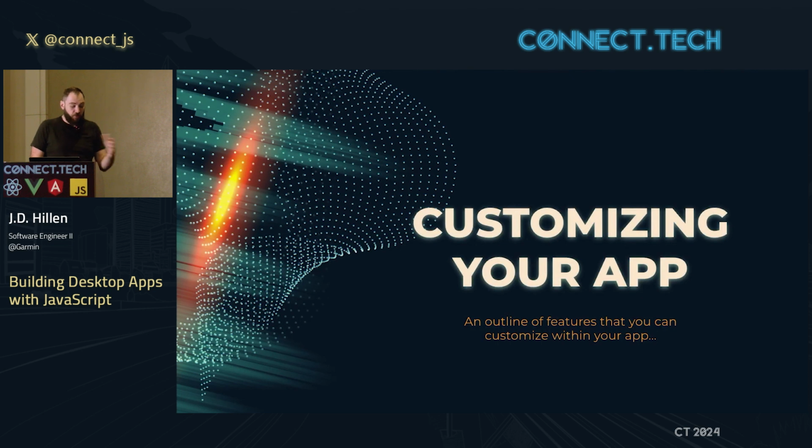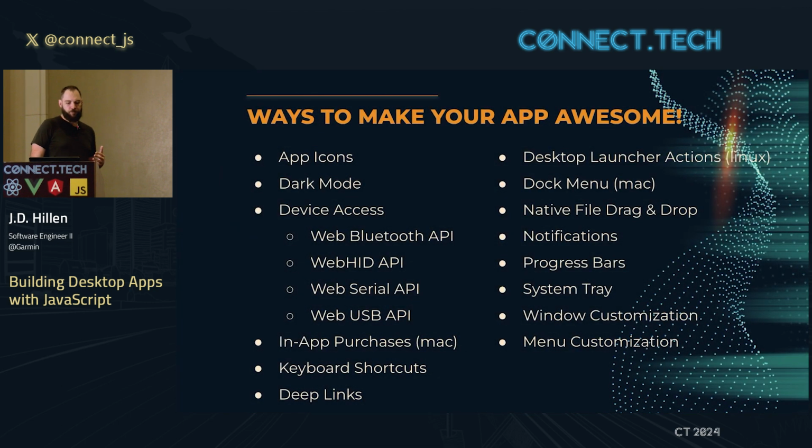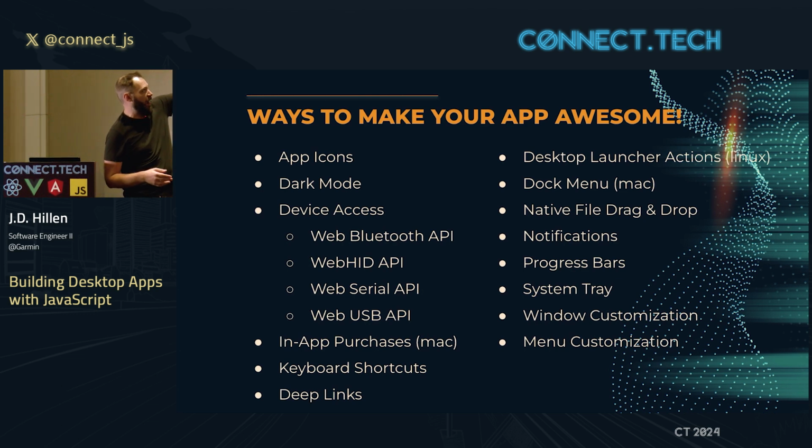So now that we have our app, let's talk about customizing our app. There's lots of different ways that you can actually customize your app. The first couple are just kind of basic web app things. App icon, dark mode, that's built in with Electron. You can do in-app purchasing with Mac right now.